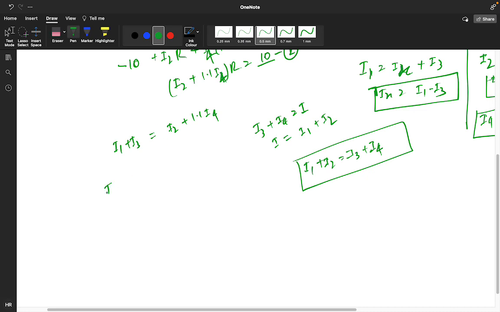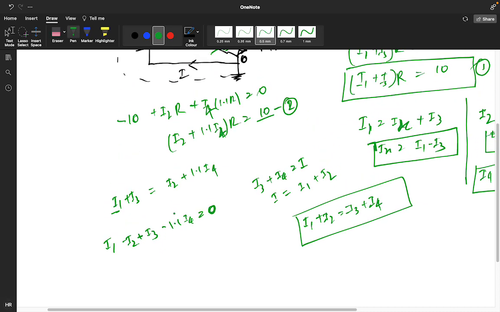So we are getting something like that: I1 minus I2 plus I3 minus 1.1 I4 equals 0.